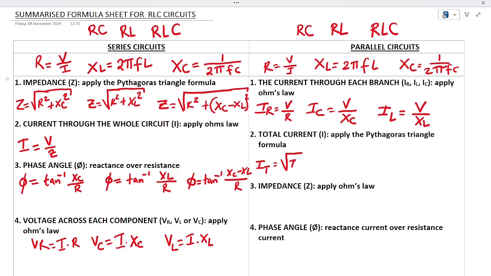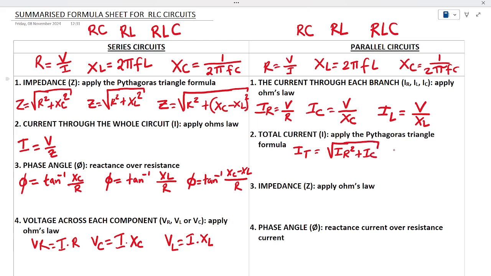So I total for an RC circuit is going to be equal to the square root of IR squared plus IC squared, which means we're using the current of the resistor and the current of the capacitor, because we are dealing with the RC circuit.